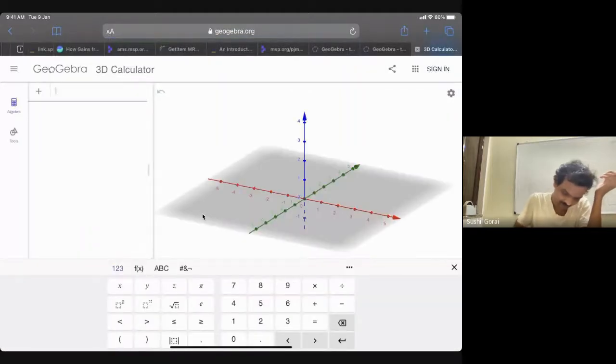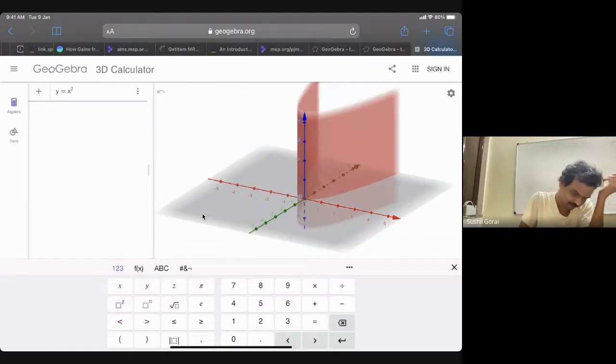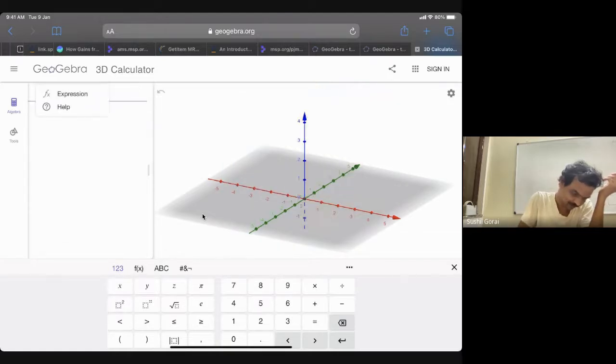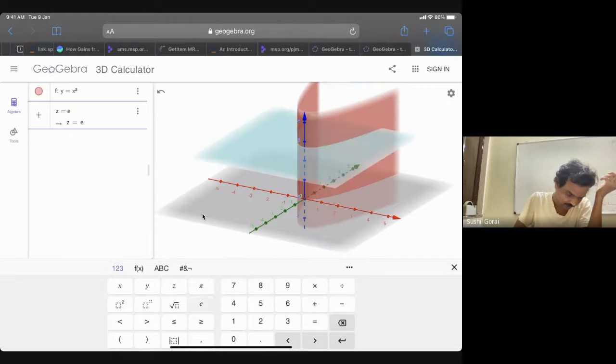Yeah, let us try this. So y equal to x square, then add 1. z equal to e power x.